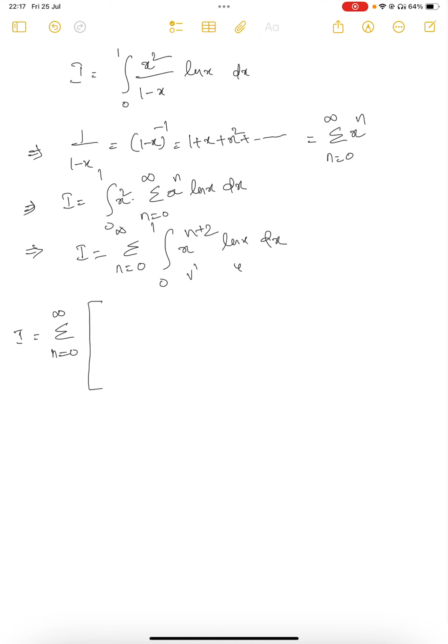V will be x power n plus 3 by n plus 3, and u is ln x. This will be from 0 to 1. And the next one will be minus integral 0 to 1 u dash into v. Then it means x power n plus 3 by n plus 3 into 1 by x.